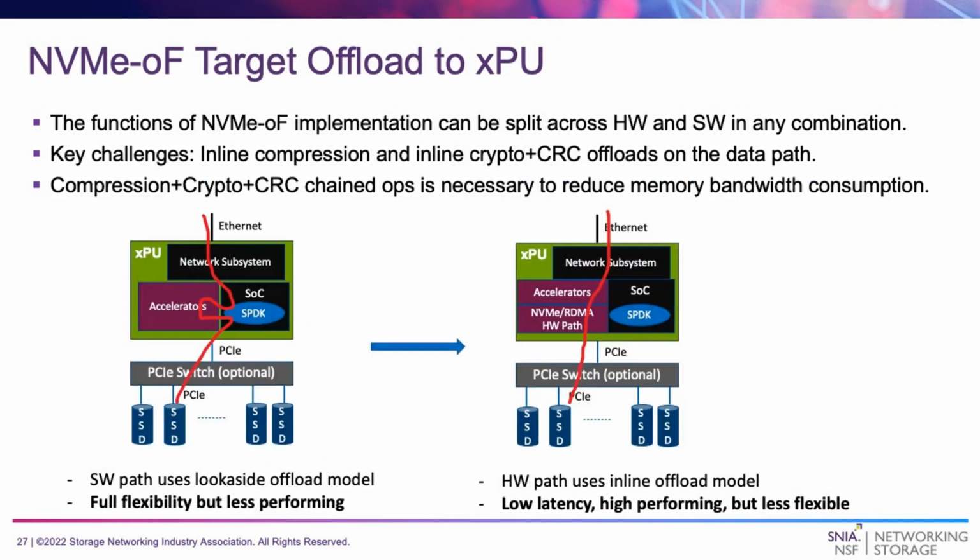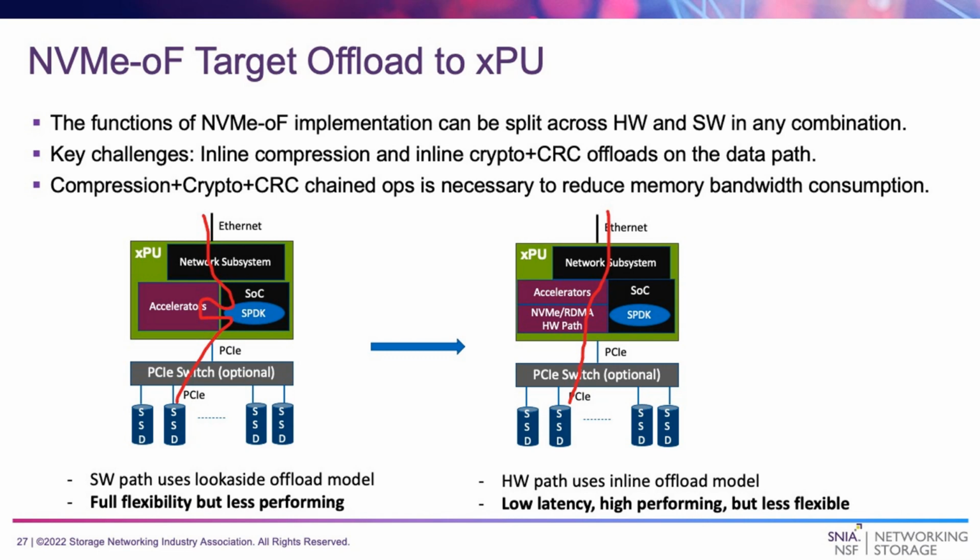Next, I will talk about this NVMe over Fabric target offload to xPU. As mentioned earlier, when it comes to implementation design, the functions of this NVMe over Fabric target implementation can be spread across hardware and software in any combination. The key challenge here is basically to build an efficient inline compression and inline crypto CRC offload in the data path.